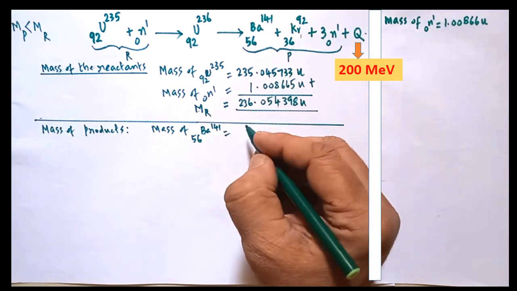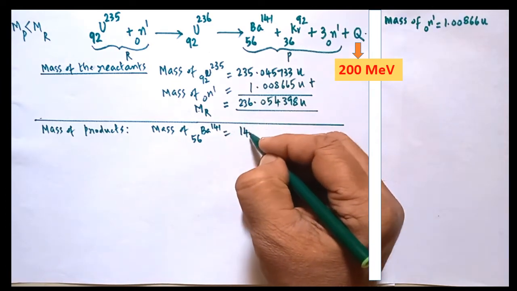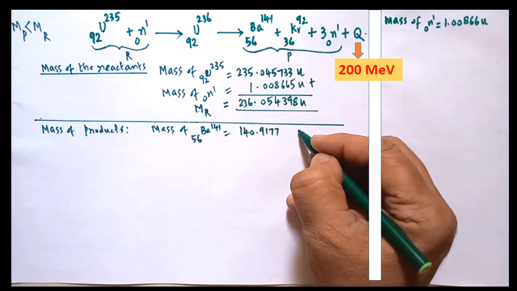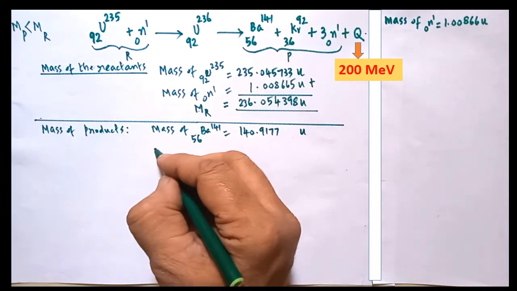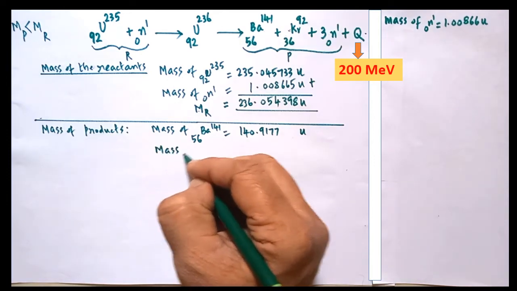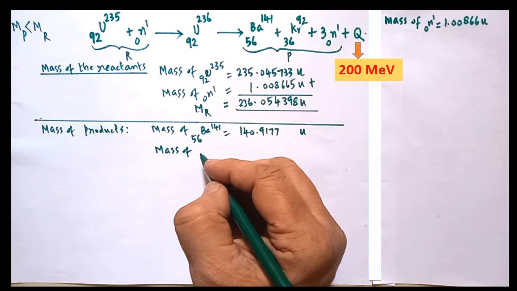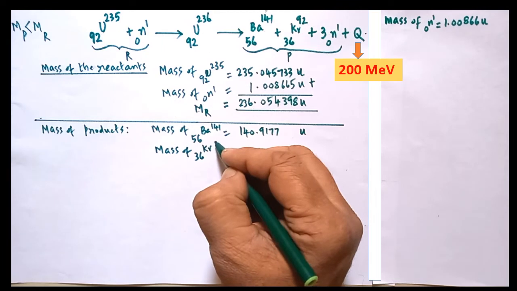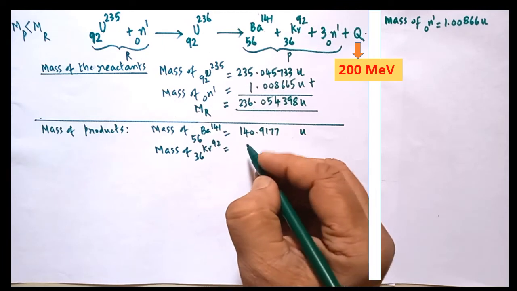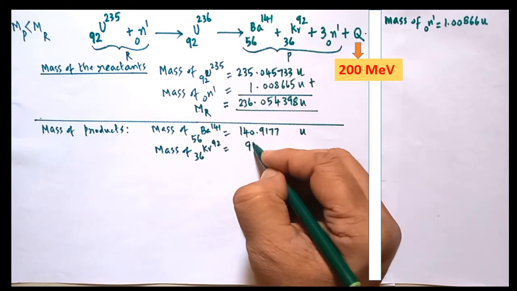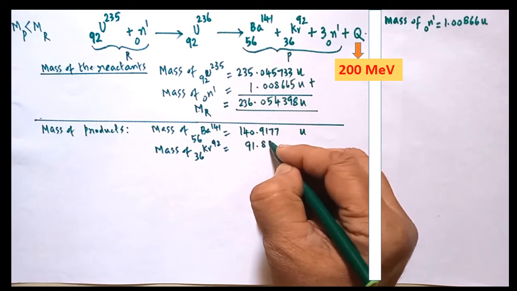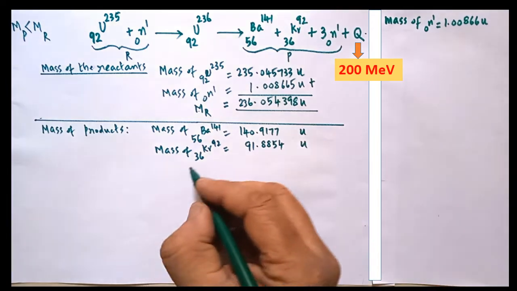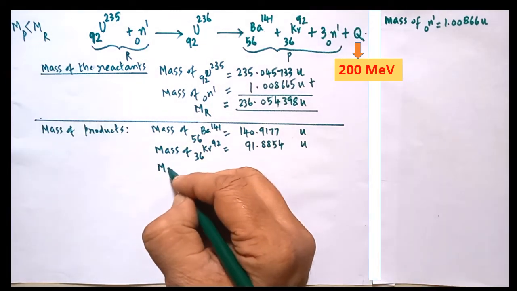Its mass is also available from the log book, 140.9177 atomic mass unit. And then the mass of another fission fragment. Who is that? Krypton 36, krypton 92 is equal to 91.8854 atomic mass unit.